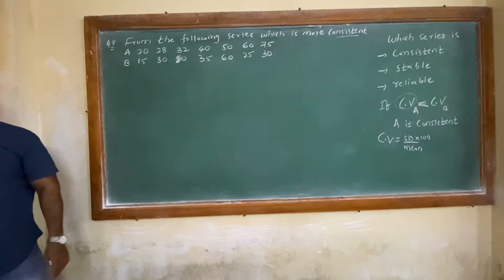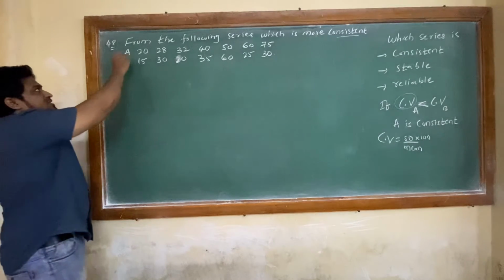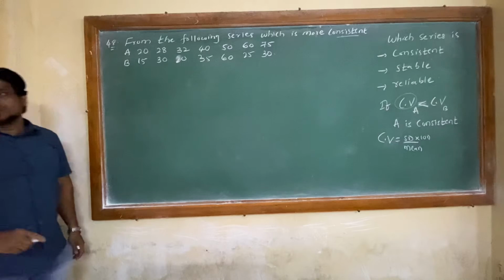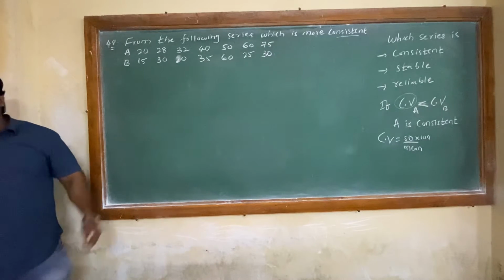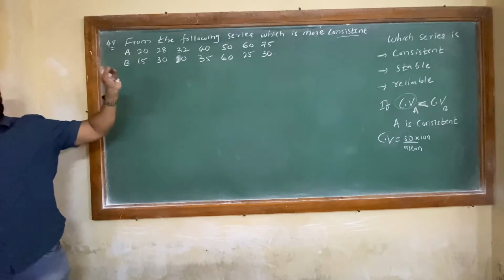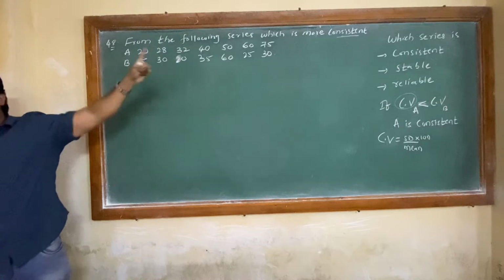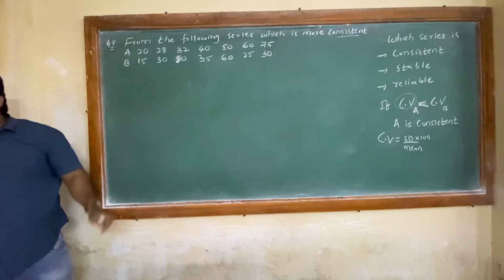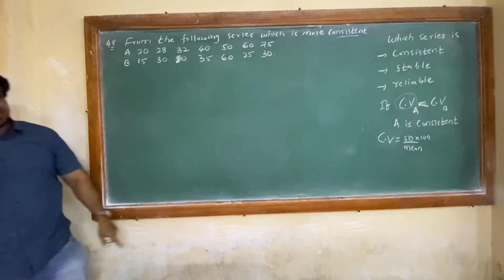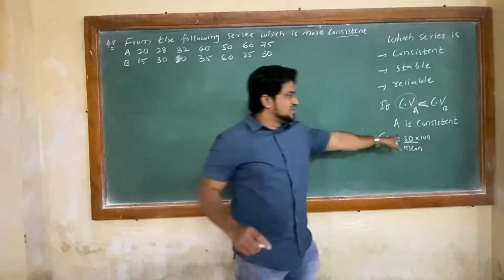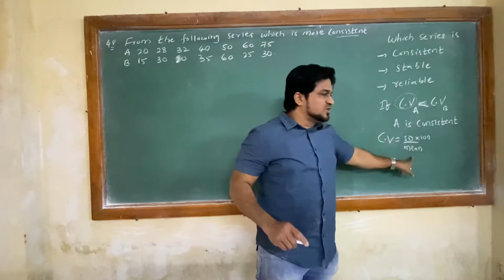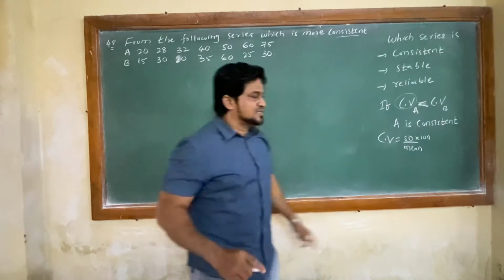Two series are given, series A and series B. These two belong to one question. It looks like discrete series, but series A is individual series, series B is individual series. So you have to find individual series standard deviation, individual series mean, then divide both the values, multiply by 100, you will get the answer.